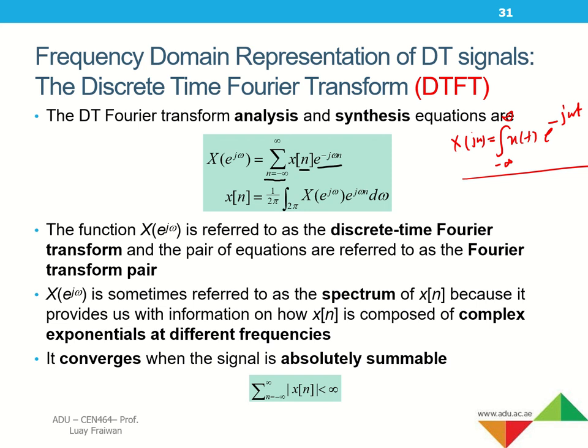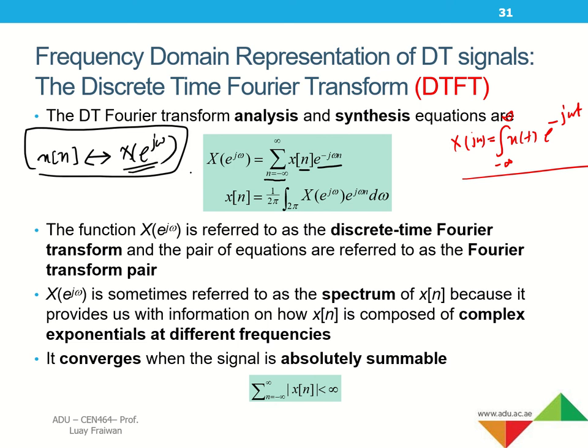If we have x of n and take its discrete time Fourier transform, I will get X of e to the power j omega. This is called the discrete time Fourier transform pair. If I have X of e to the j omega and I want to get x of n, I just integrate over one period of 2 pi, multiplying by e to the power j omega n with respect to d omega.